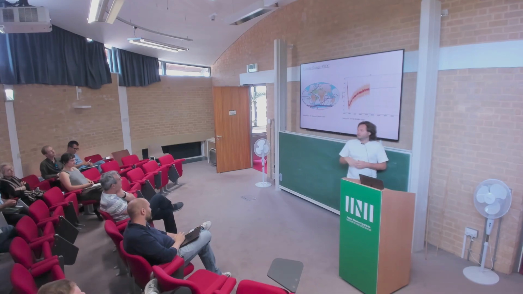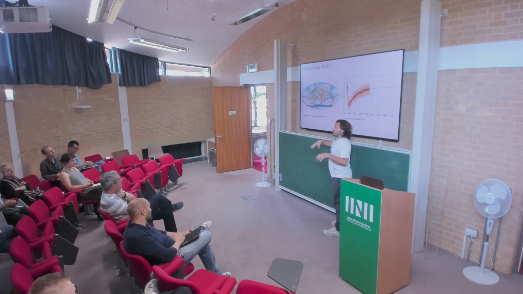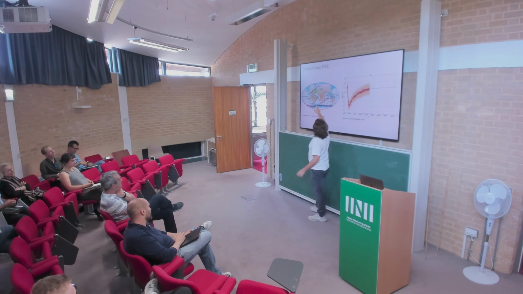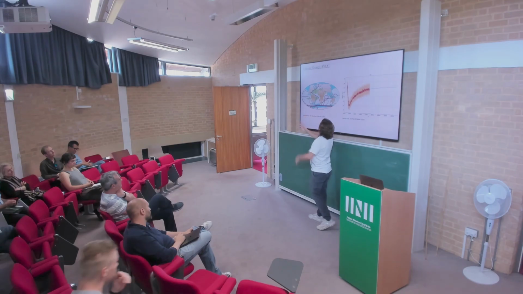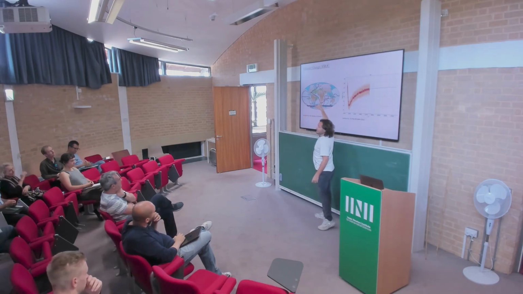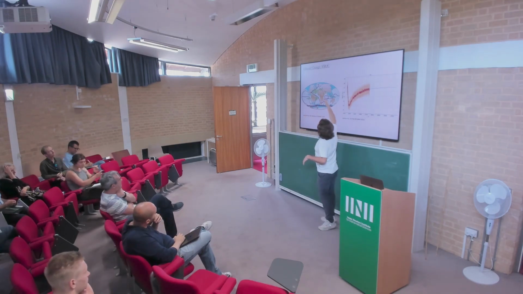The AMOC is, if you don't know what that is, the Atlantic Meridional Overturning Circulation. It's a big circulation pattern in the ocean. And more or less the way it works, starting from the tropics, you have warm and salty water that gets transported with the Gulf Stream towards the northern Atlantic, basically here in the UK and further north.